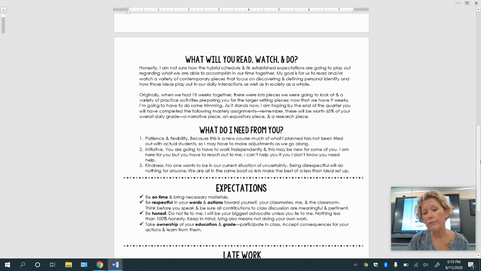I need initiative from you. You are going to have to work independently, and this may be new for some of you. Even in the springtime, that independent working and those assignments, let's forget about all of that, because that's not how things are going to be done in any of your classes. So this is going to be some testing for you.